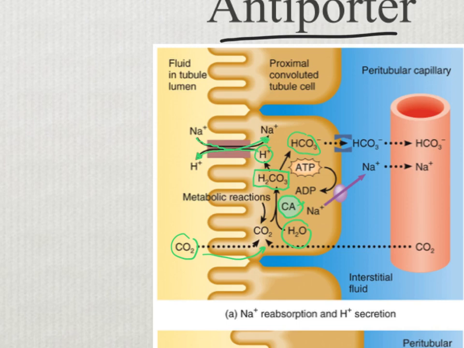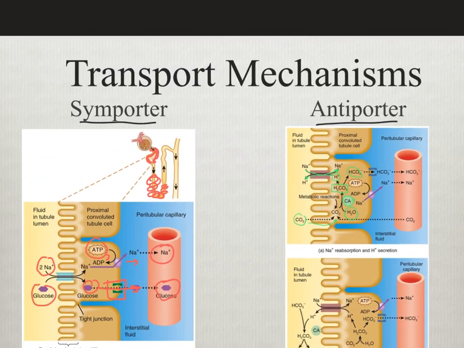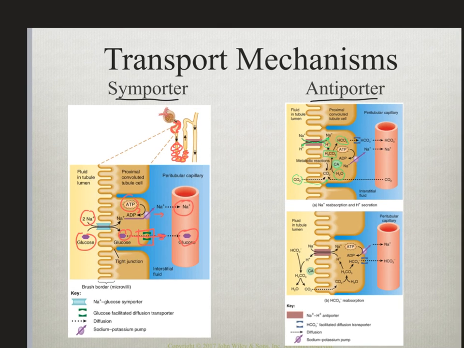Now that brings us to our sodium-potassium pumps. So we're going to zoom on out, and we're going to talk about exactly how we deal with sodium and what we do with that excess bicarbonate. We're going to use facilitated diffusion to get that bicarbonate out of the cell into the interstitium and then back into that peritubular capillary to be reabsorbed.